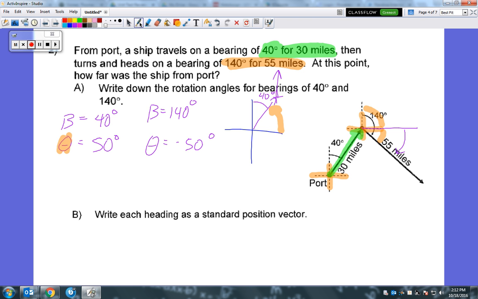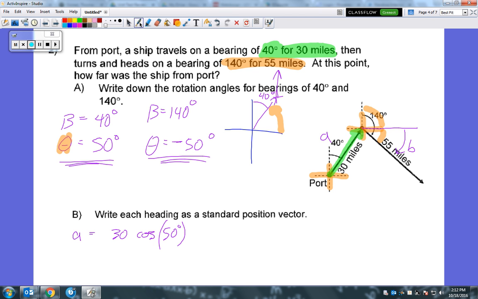Okay? Now, part B says, write each heading as a standard position vector. So this was my goal, to get these things, because that's the rectangular form. Here we go. Let's label this one as A, this one as B. So vector A should be 30 cosine of 50 degrees, and then 30 sine of 50.